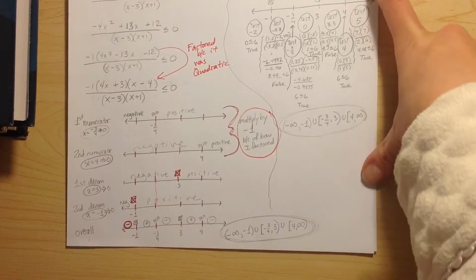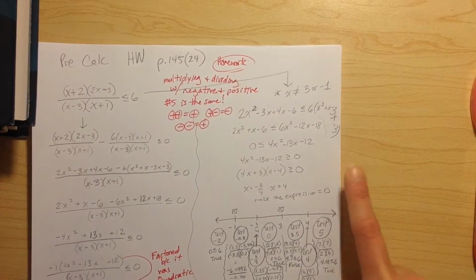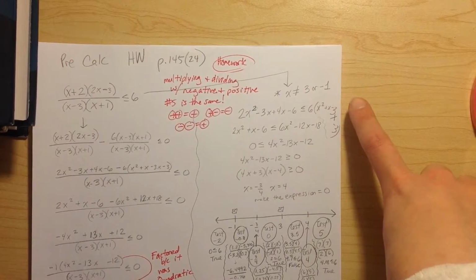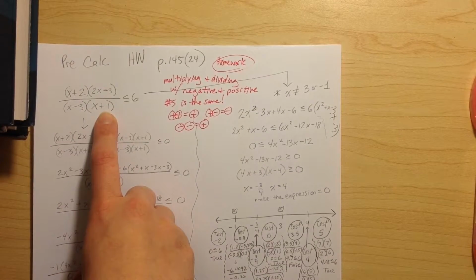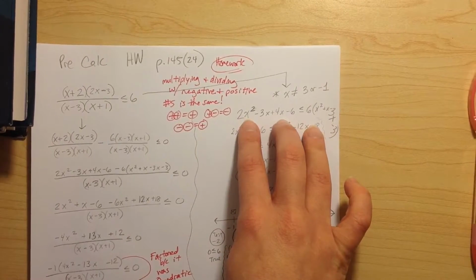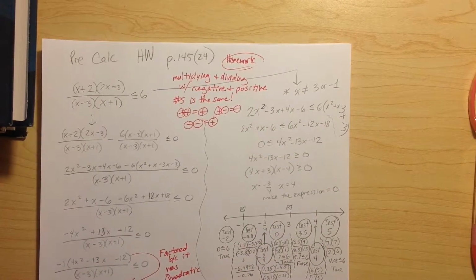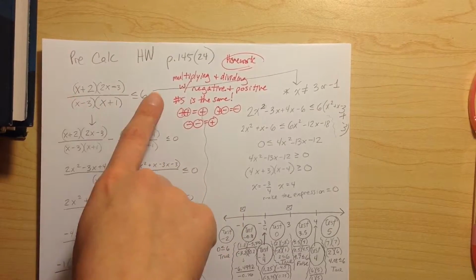Now, real quick, let's go over to the method that Sam suggested, which is, what if we just consider the restrictions to the domain? In this case, it is 3 and -1 are my restrictions. When I go to solve the rational equation that results there, I would multiply the left and the right sides by the denominator to cancel it away.